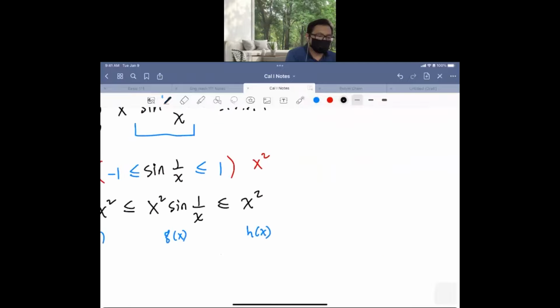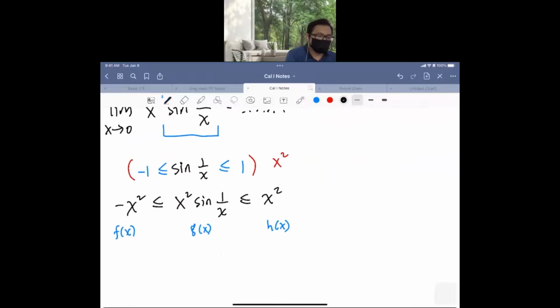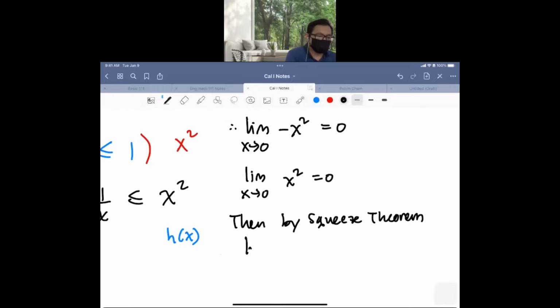We can prove this with our visuals later. So we can say that because the limit as x approaches 0 of -x squared is 0, and the limit of x squared is 0, then by the squeeze theorem, the limit of the middle function is 0.